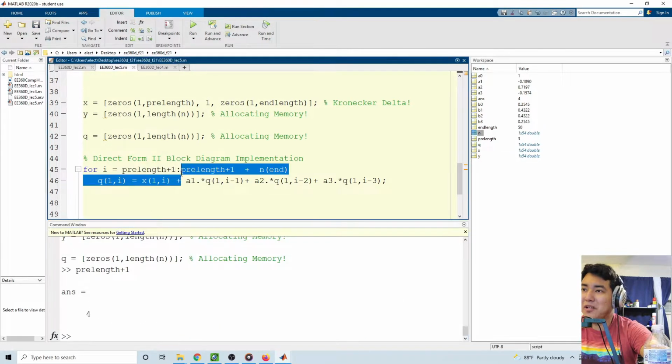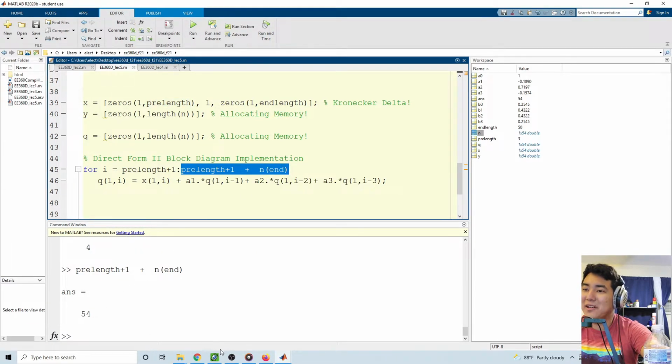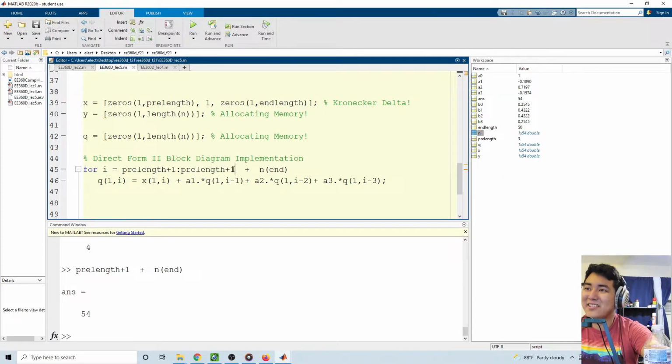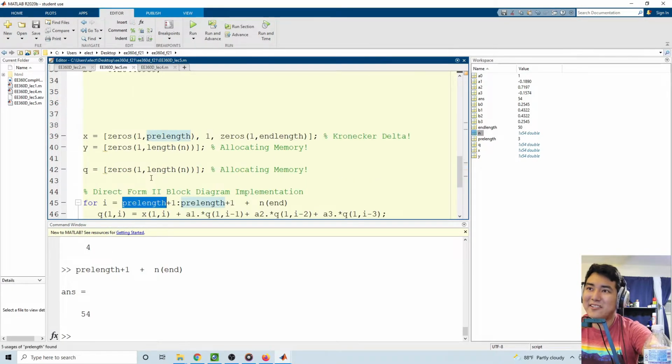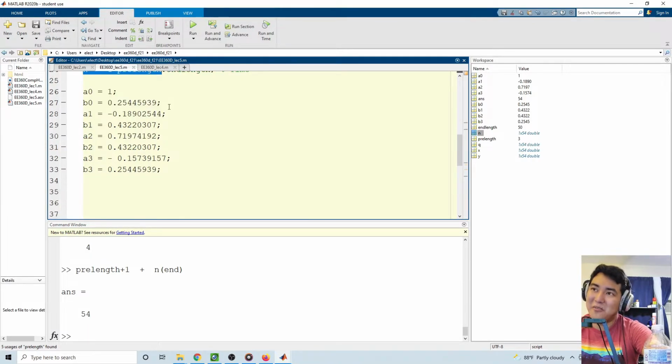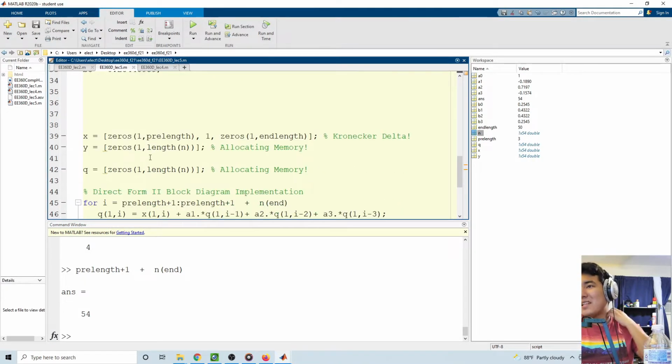We have 4 to 54 because of that plus 4. There you go. It makes sense. So you can do it this way, which is the way I'm trying to teach you right now, or you can play around with this if you know how to extract variables.